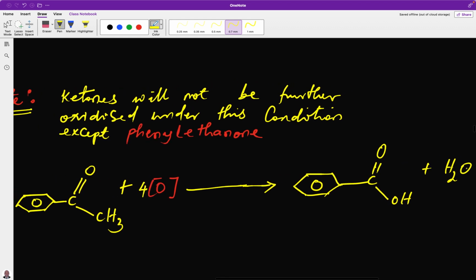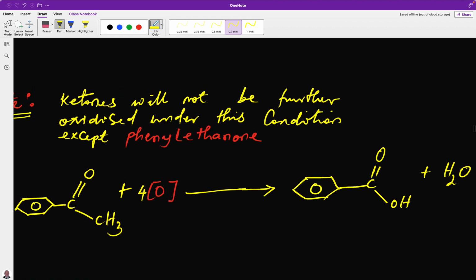So this is what you can get. Ketones will not be further oxidized under this condition, except phenylethanol, which can be further oxidized to this product.